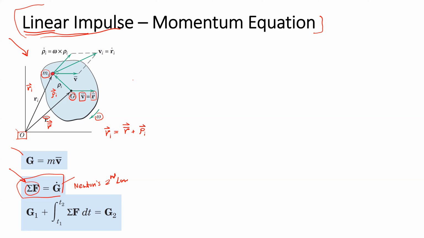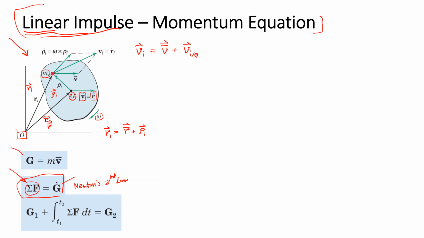But what should be the velocity vector of point i? The velocity vector of point i can be composed from the velocity vector of the center of gravity and the relative velocity of point i with respect to the center of gravity.